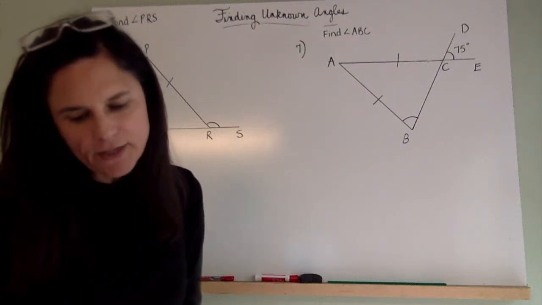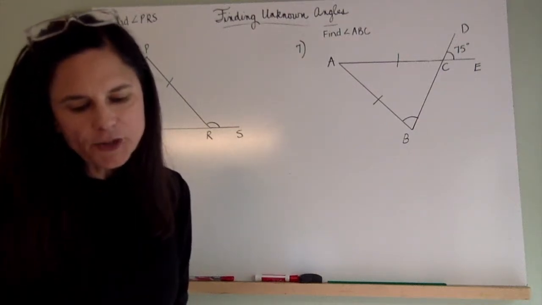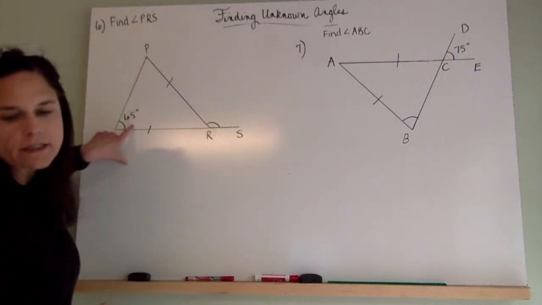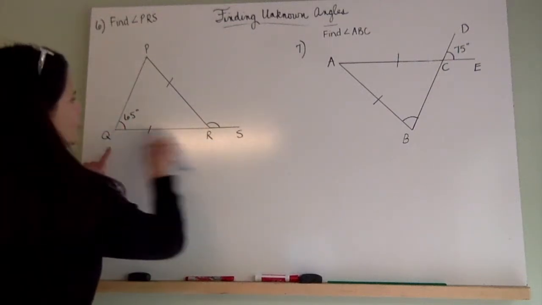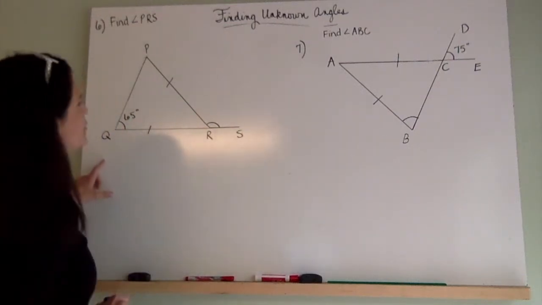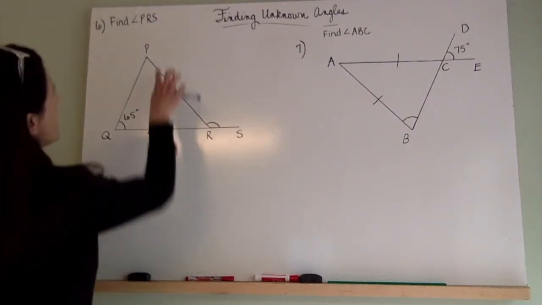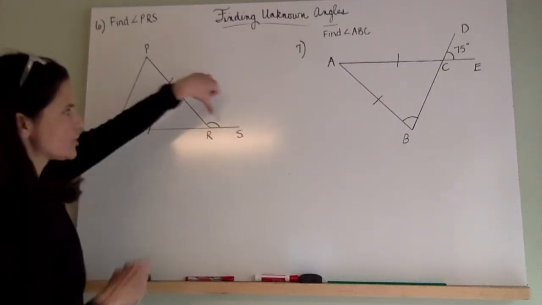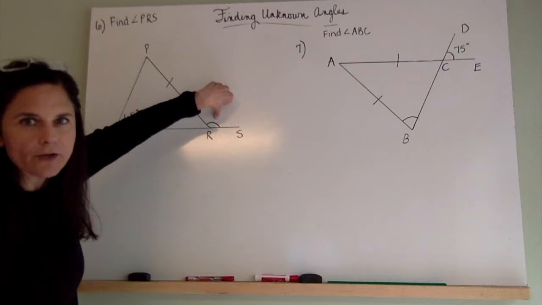You are also given that angle PQR is 65 degrees and told that QRS is a straight line. You are asked to find angle PRS, which is this exterior angle here.